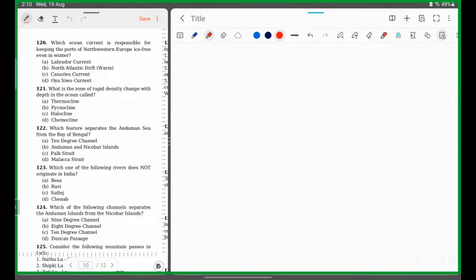Thermocline is related to change with temperature. Halocline means change in salinity and chemical composition of the sea. So the option left is synucline, which is the answer.